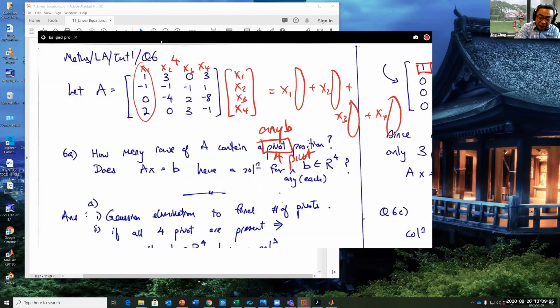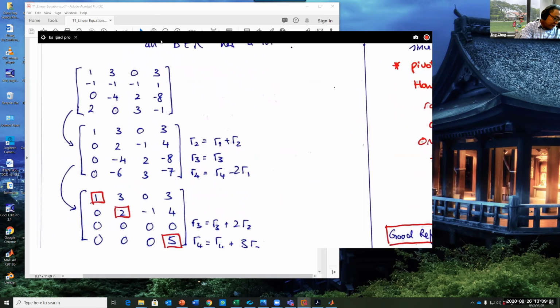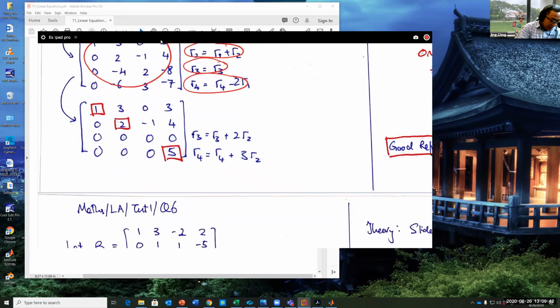If there are no 4 pivots, we cannot solve 4 variables. Okay, let's try. So we have the A. We start to do elementary row operations. So this is the first elementary, second elementary, third elementary, and keep on doing it. And we are left with this guy.